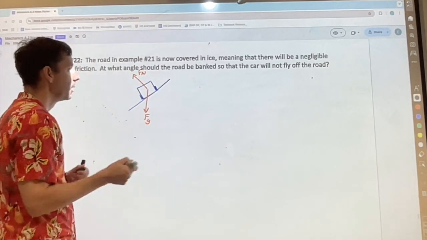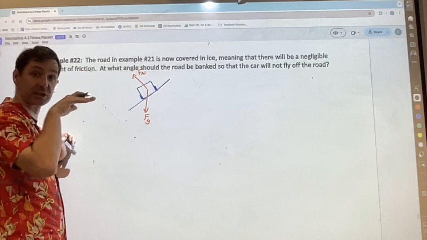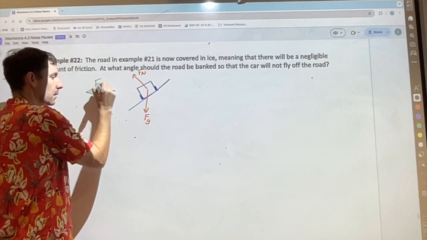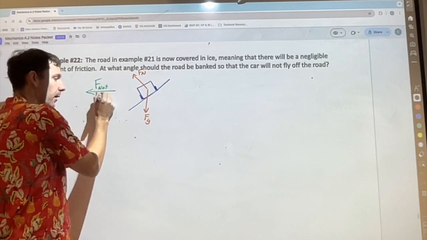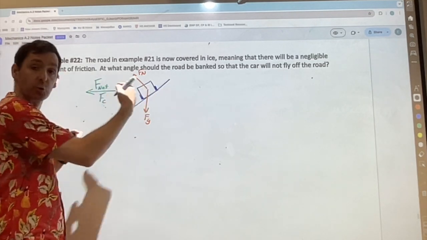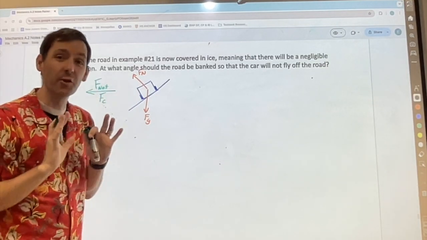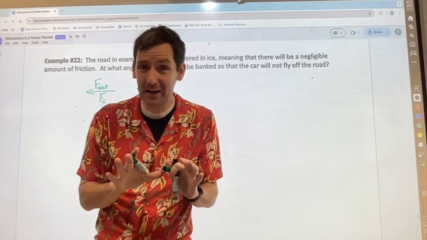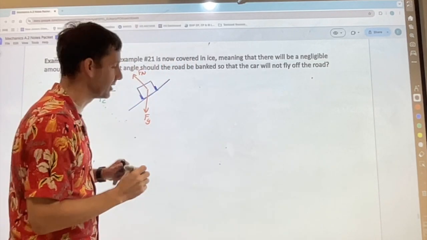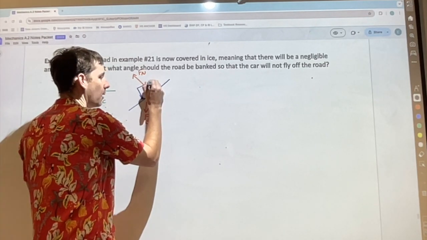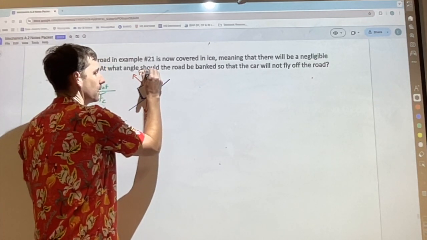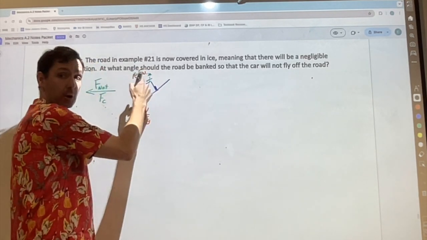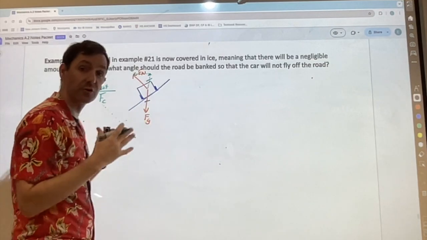We know that the car is going in a circle, which means that the net force, or the centripetal force, must be towards the center of the circle. That means that all the vertical forces have to balance out. So if I draw in the component of my normal force, the vertical part of the normal force must be equal to the force of gravity.